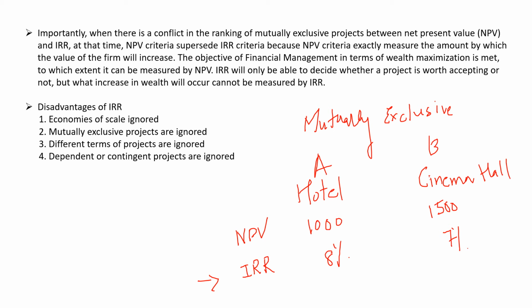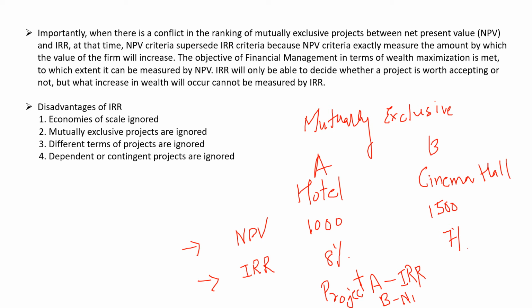So project A will be chosen through the IRR method. But when we see through the NPV method, the project with a higher NPV will be chosen, so project B will be chosen.